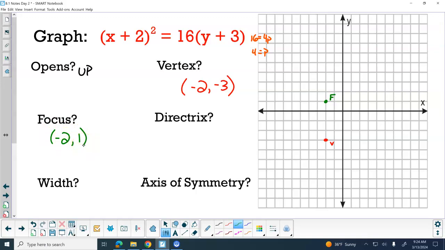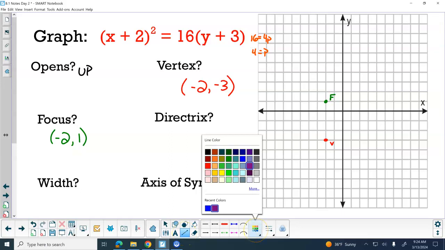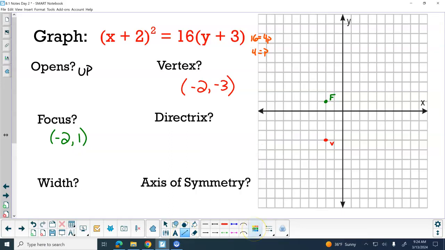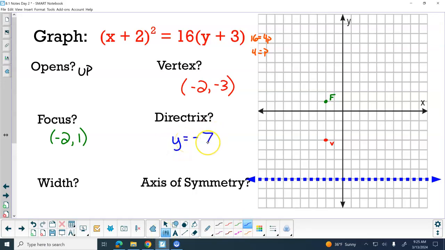That means that my directrix is down 4, which is the line y equals, oops, wrong color. Y equals -7. 4, 6, and 7. Yep.